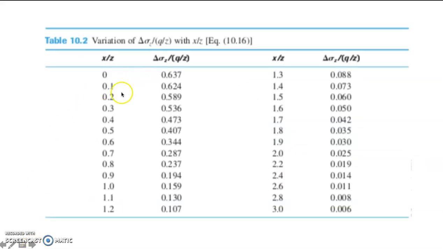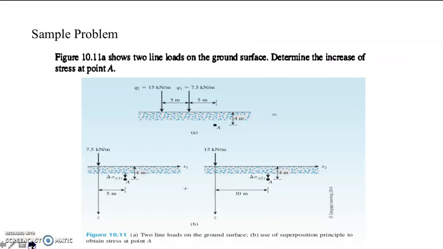We have here also a tabulation for the variation of the stress with respect to Q over Z with a value of the ratio of X over Z. For this one, we just need the value for the ratio of X over Z. You can now have the value for this expression, the change in delta sigma of Z with respect to Q over Z.